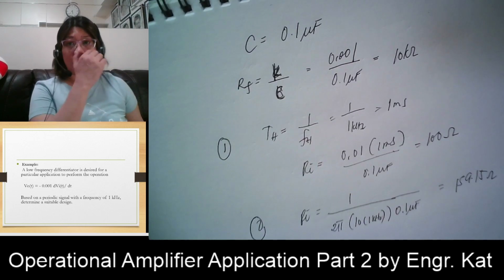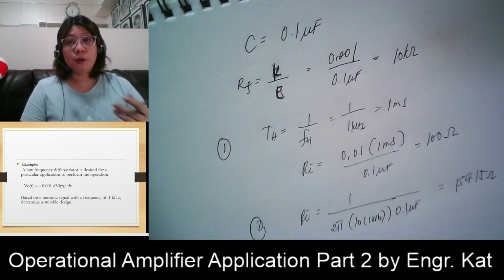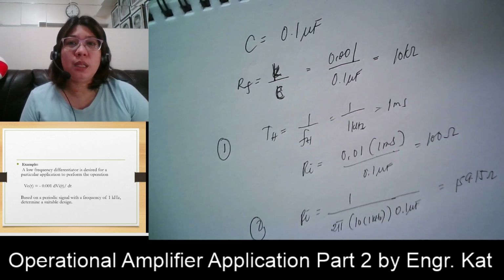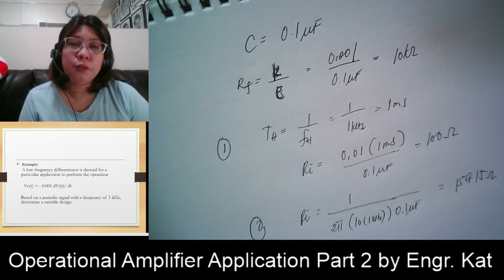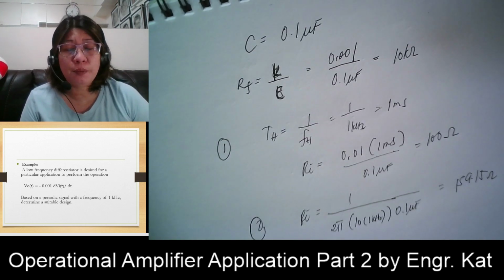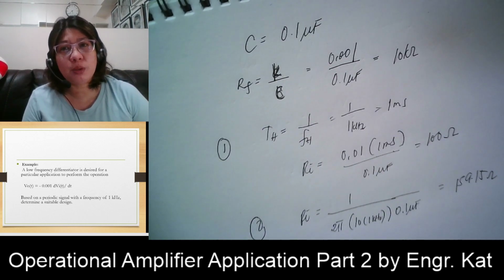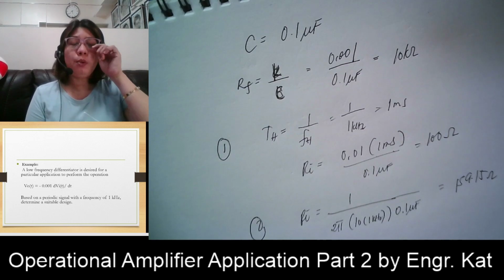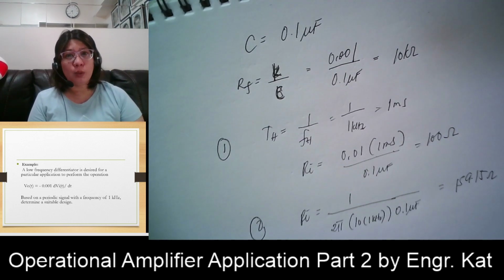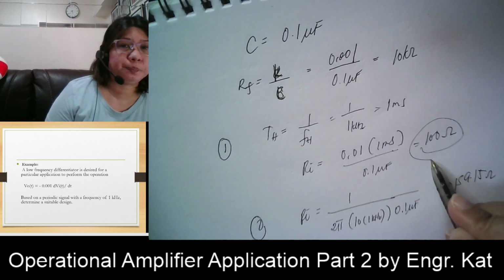Actually, the two values are not very far from each other, but since we're not yet sure if there is an exact value of 159, although there is a close value, because there is a tolerance when it comes to resistance, we might as well choose the safer one, which is 100 ohms.